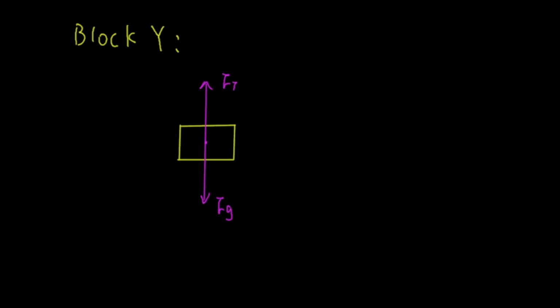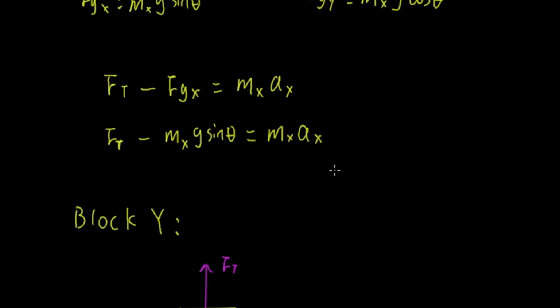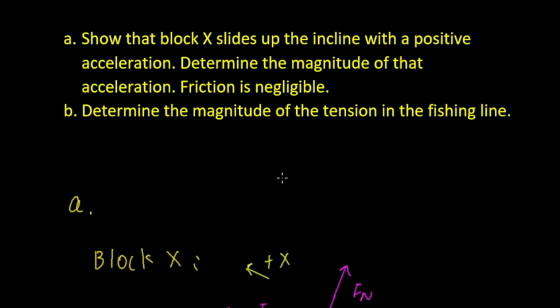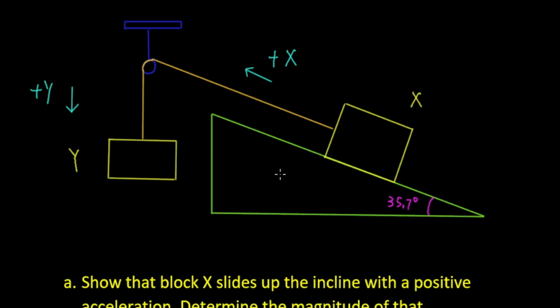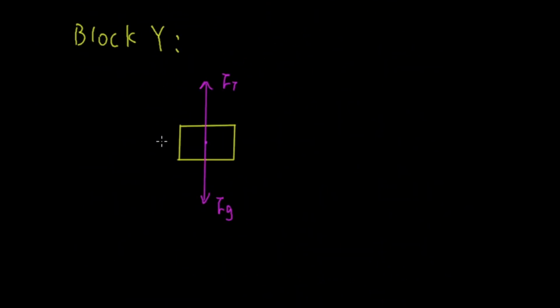Now, remember, in the original question, they chose the downward direction to be the positive y direction. So here, our equation should be like this. Force of gravity minus Ft equals mass times acceleration, right?